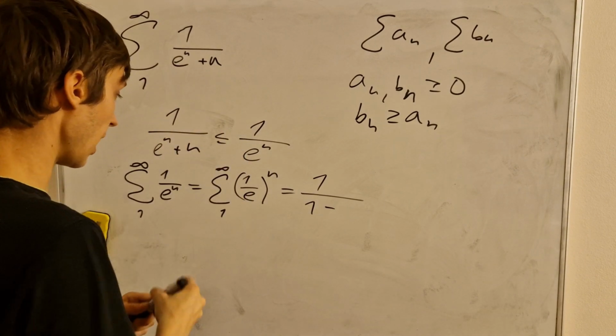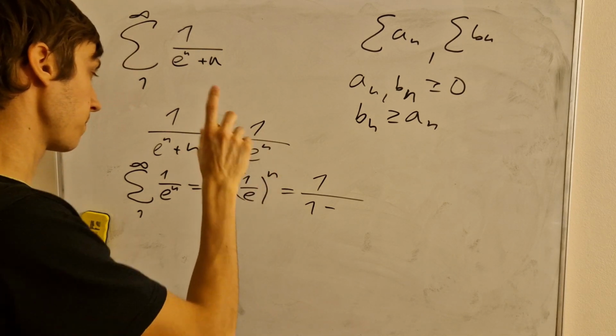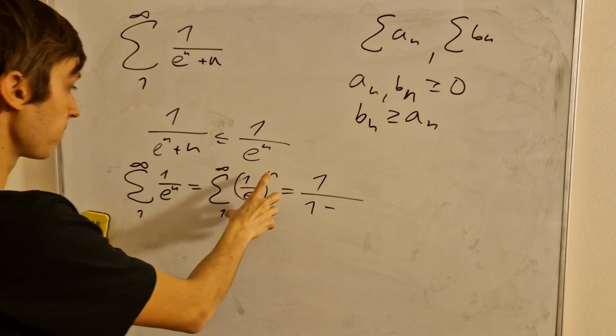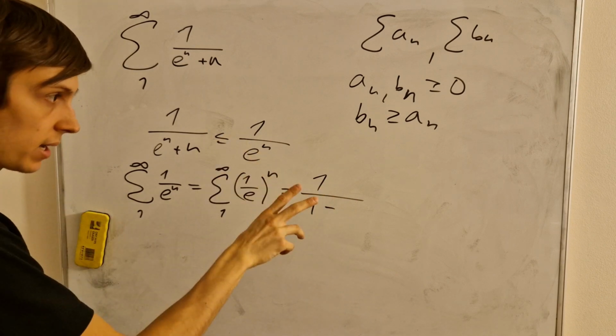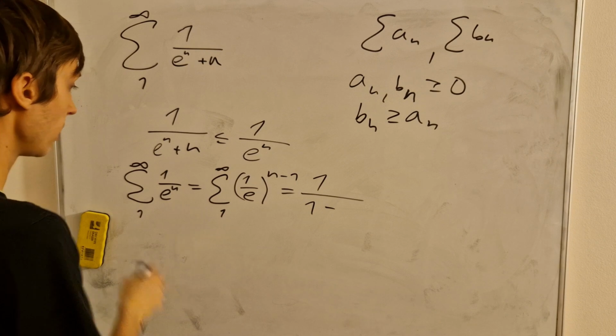But actually we have to take one thing into account here and be careful about it, because one cannot use the geometric formula in just any way. The geometric formula works this way: when there is a 1 here, there must be a minus 1 here.